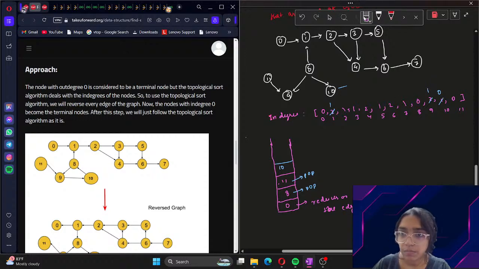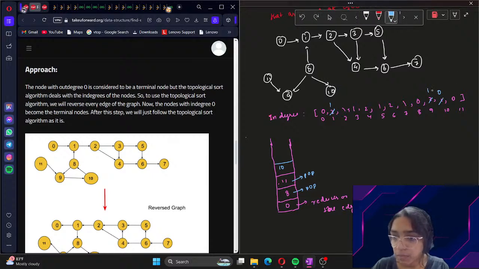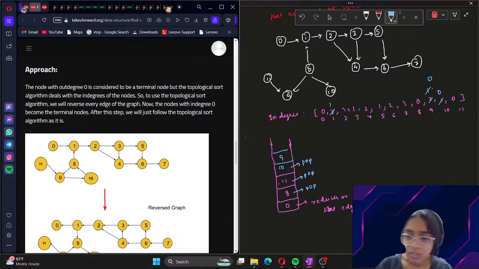So we push node 9 into the queue, then pop node 10, which has no outgoing edges, and then pop 9, which also has no outgoing edges.